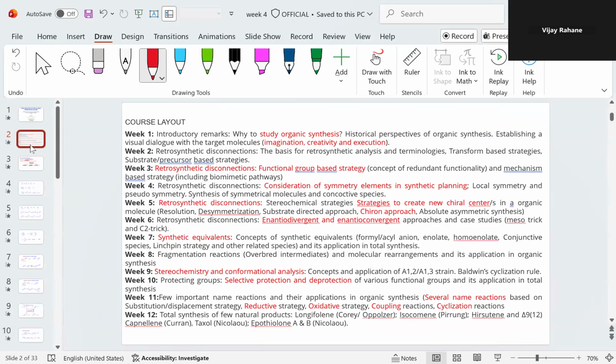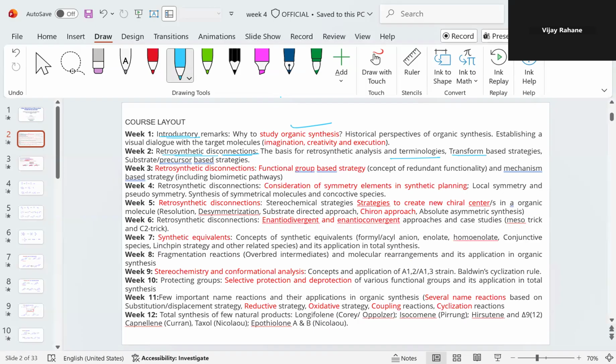And already we have some background of most of the concepts which we see in the retrosynthesis, particularly the introduction, and how this retrosynthesis is useful in the day-to-day life of the organic chemist or synthetic chemist, and some terminologies which are generally used in the retrosynthesis, like retrosynthetic disconnections or the transformations, which we have already discussed with the help of some examples.